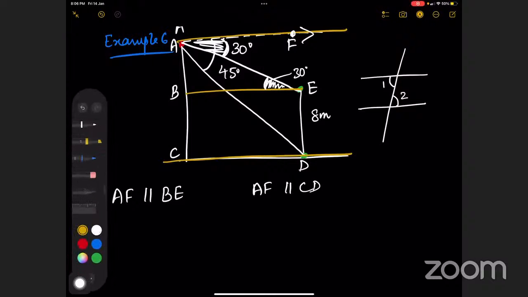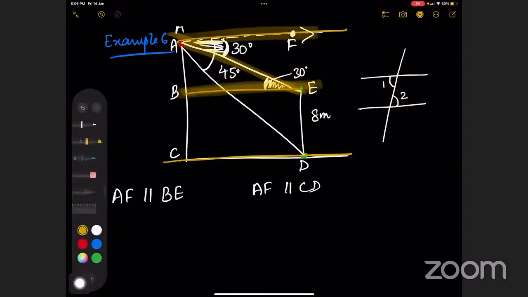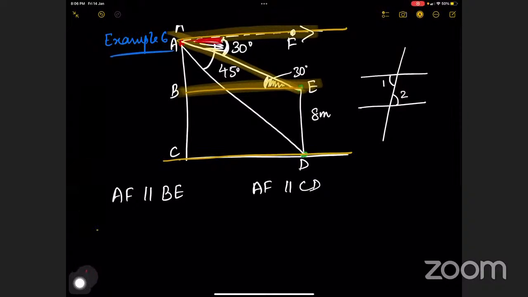Look at this. This line and this line. Can you see this yellow shaded part? Two parallel lines, one transversal. Can you figure out this angle and this angle? These are our alternate interior angles.